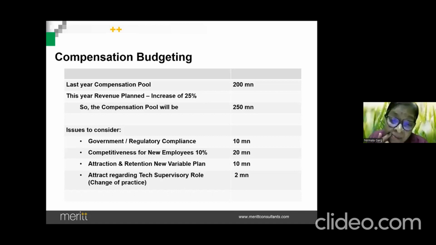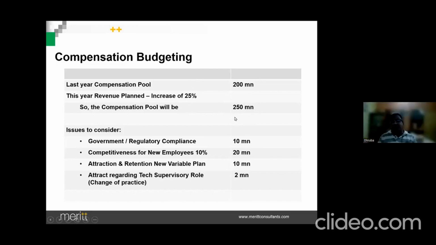Will it come automatically, or will I have to hire more people? I'll have to hire more people, right? So my compensation pool will have to go up by 25%, and my budget can be 250 million.